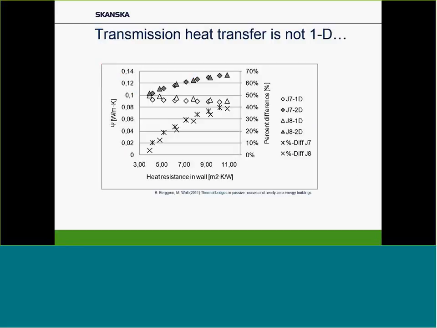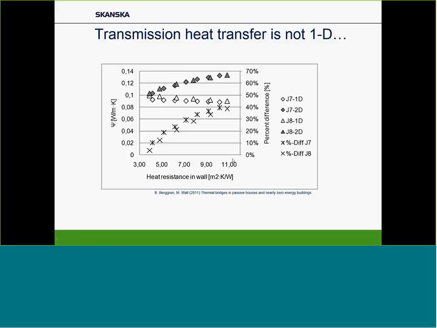So what we see here is maybe a somewhat complex graph, but I will explain it. What you see on the x-axis below is heat resistance in the wall for these 2 junctions, which we have increased from roughly 4 up to almost 11, which could be considered to be the passive house wall.